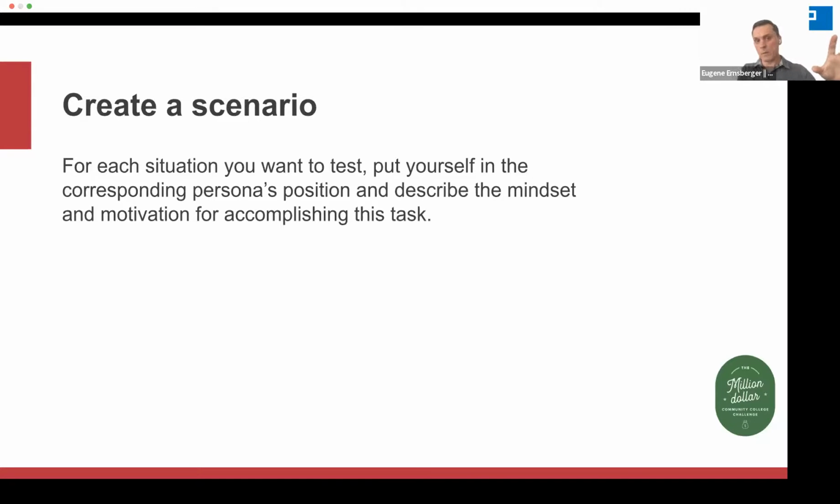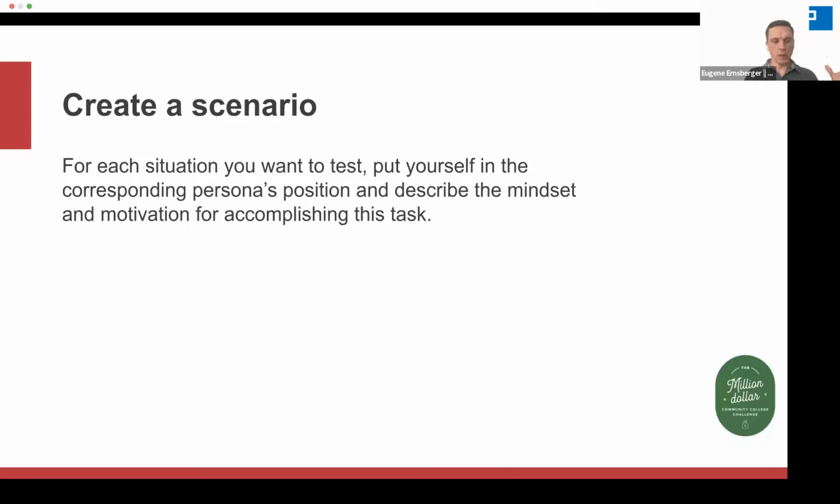Once we've sent out emails or made phone calls to start populating a group for testing, we want to go about creating our script. So a script starts by thinking through all the scenarios that we want to test, and you write an actual little story.